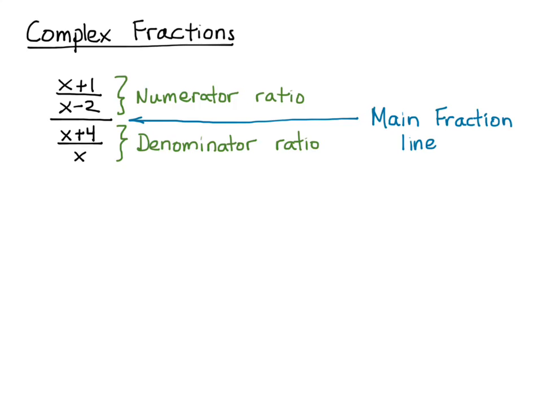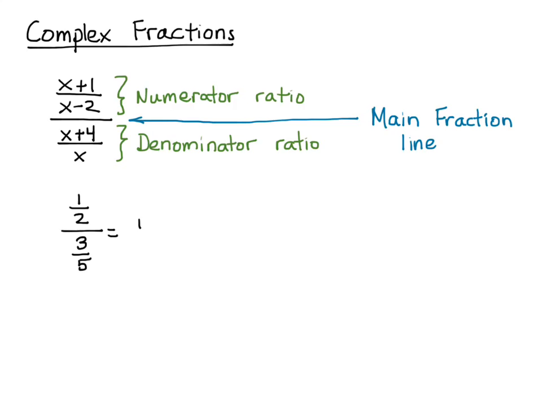If we have an opportunity to simplify the numerator and the denominator fractions first, that's a good thing. And then we'll take the numerator times the reciprocal of the denominator to simplify this out.